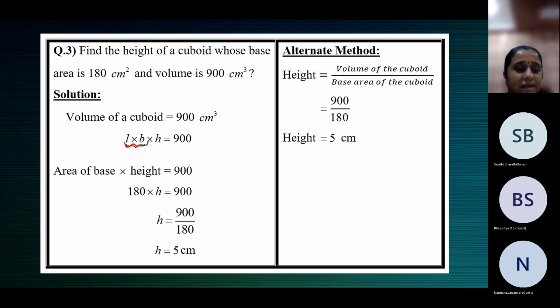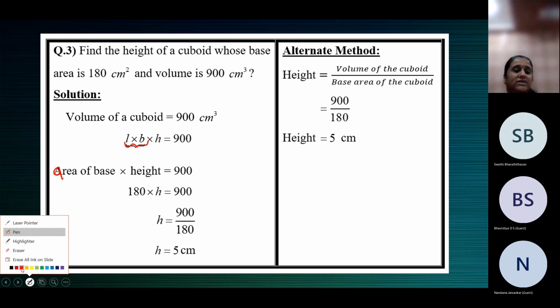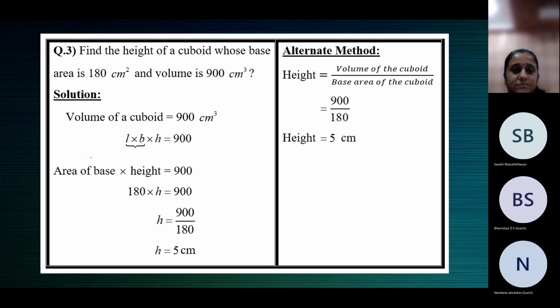L into B is nothing but area of base, or base area. You can even write base area into height. L into B is base area, into height is equal to 900.